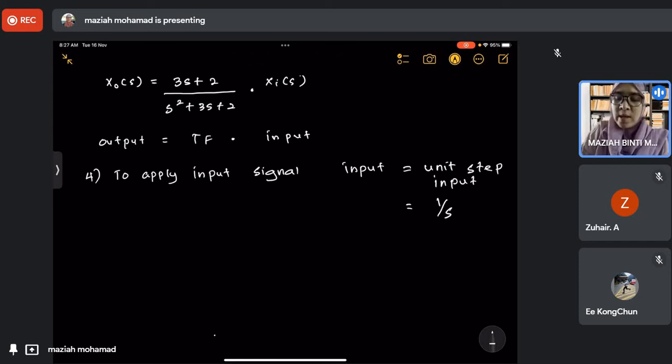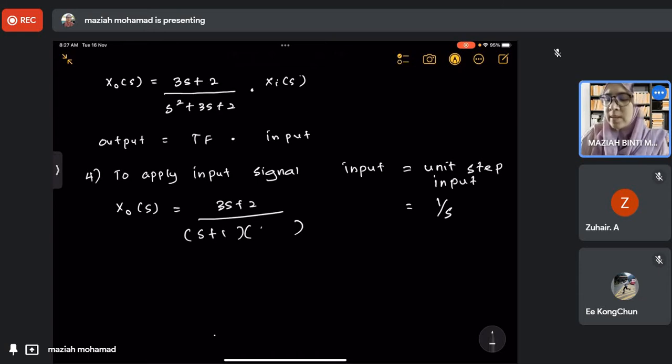So therefore, the Laplace equation will become 3s plus 2, and then we can factorize that one become s plus 1, s plus 2. Okay, we can factor the equation s squared plus 3s plus 2, it becomes that one, and multiply with 1 over s.